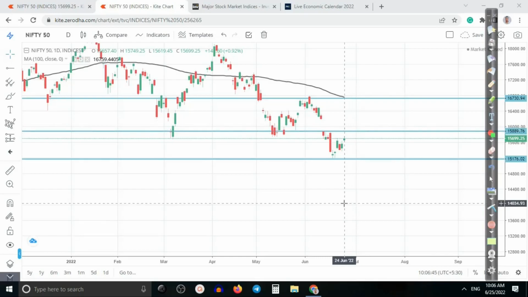15,900. Now next, what type of trading strategy are we going to deploy here?